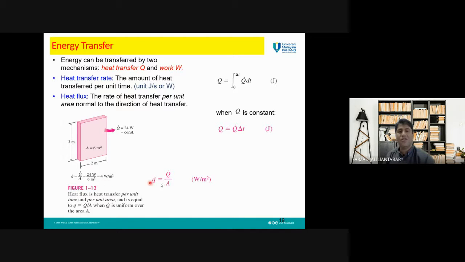As I said, it depends on the area normal to the heat transfer direction.